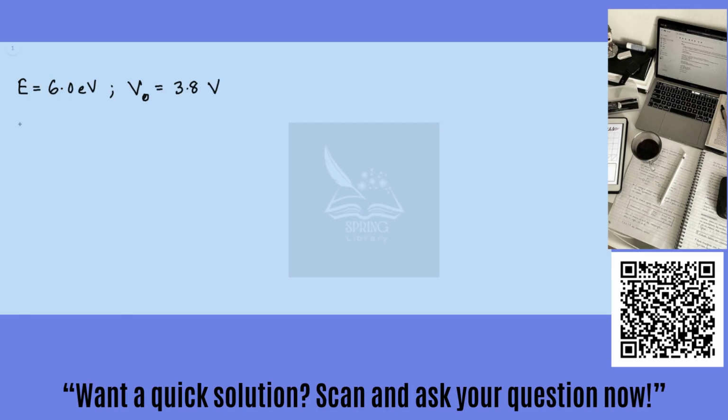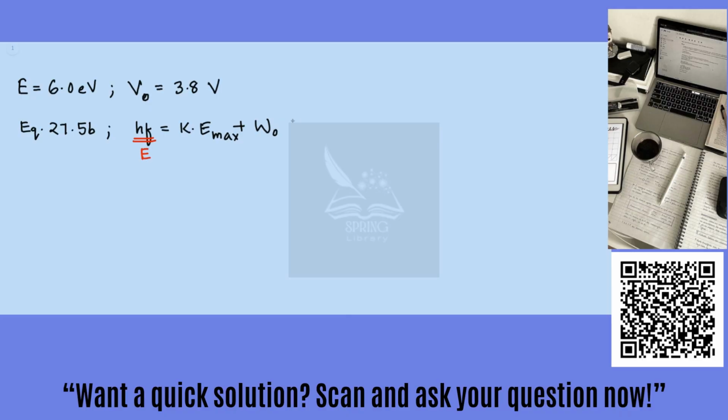Now from equation 27.5b, we know that the energy, or h times f, is equal to the maximum kinetic energy plus the work function. And this is basically the photon energy.